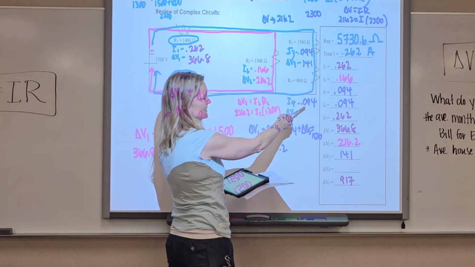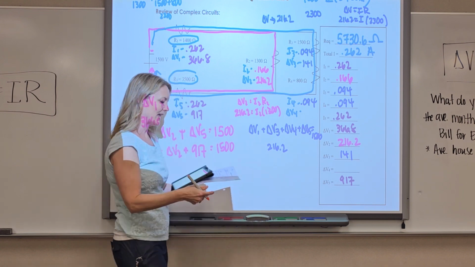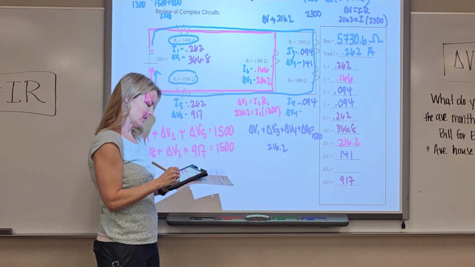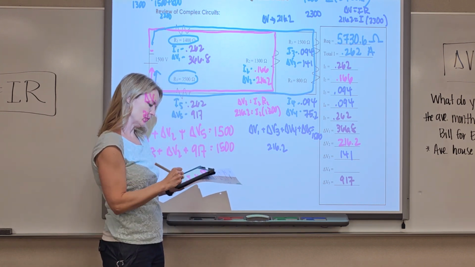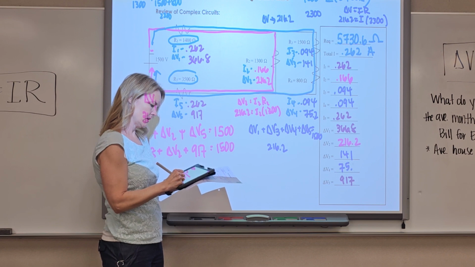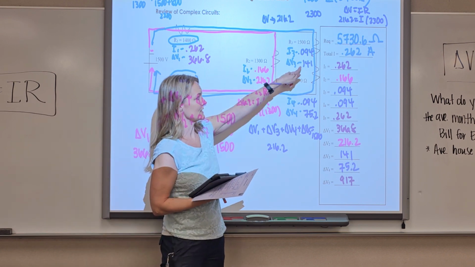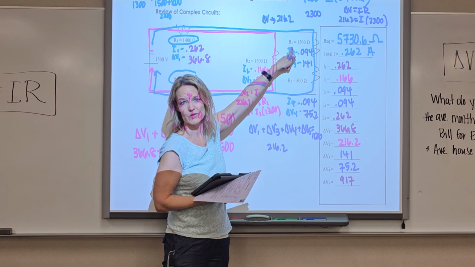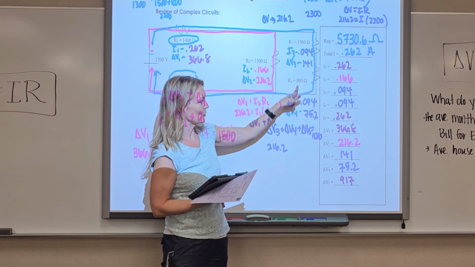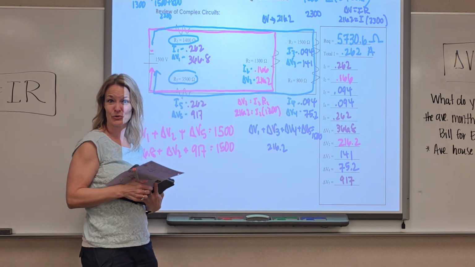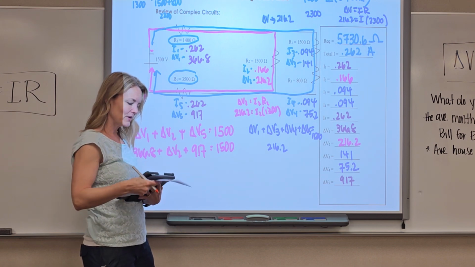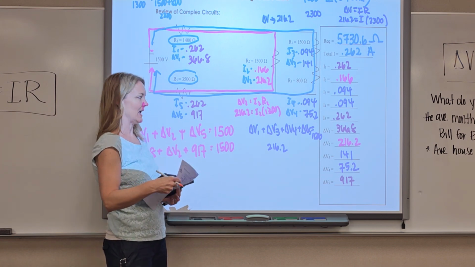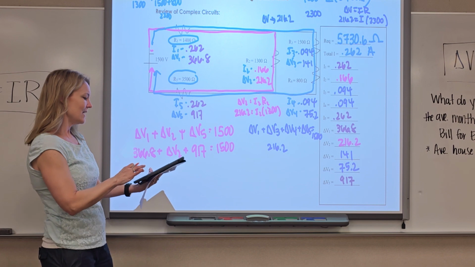And if I take 0.094, multiply it by 800, I get 75.2 for that one. It takes more voltage to get through the third one because there's more resistance. We didn't need as much voltage because there was less resistance to push through. All right, so that's a review of yesterday and what we learned in class.